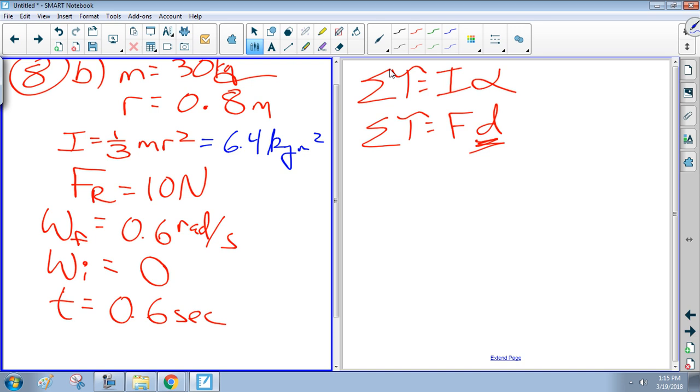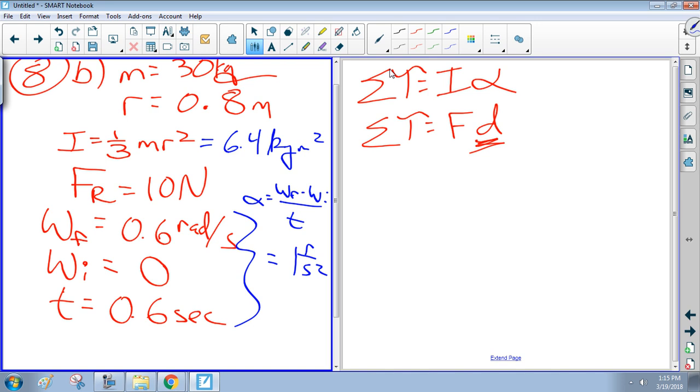All right, and then we can find our alpha by using omega f minus omega i over t. And it conveniently turns out to be 1. Just 1, right? Yeah, it's 1. In part A it was not. In part B it turns out to be exactly 1. Radians per second squared.